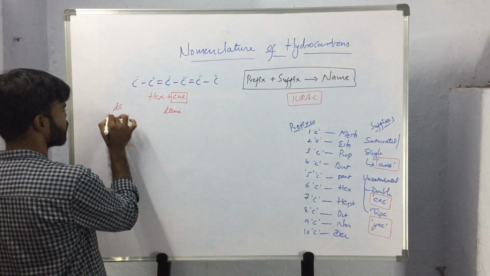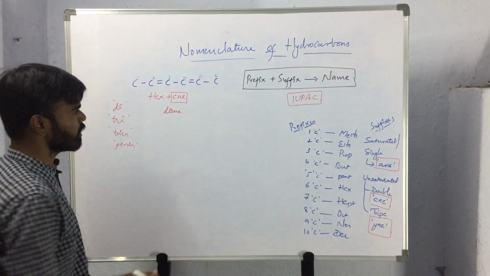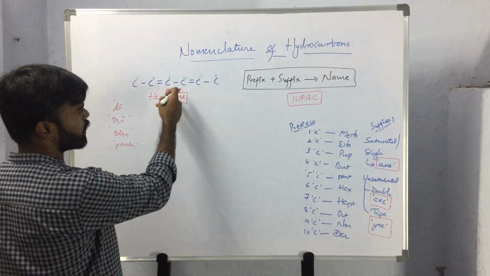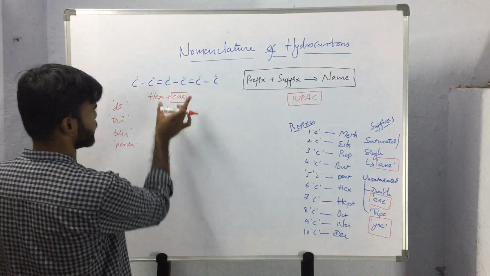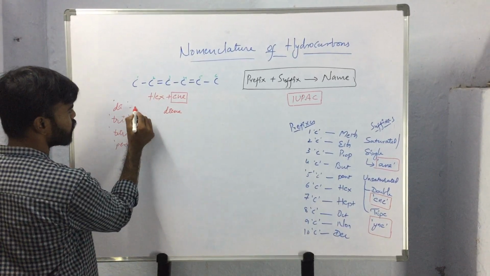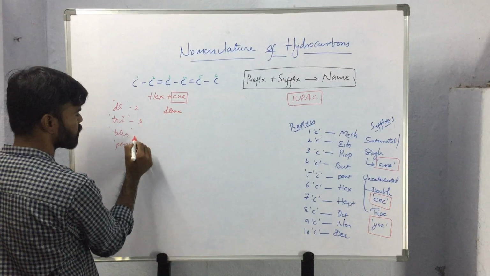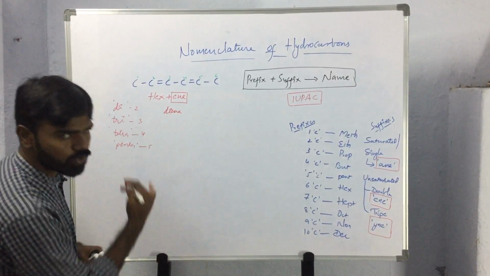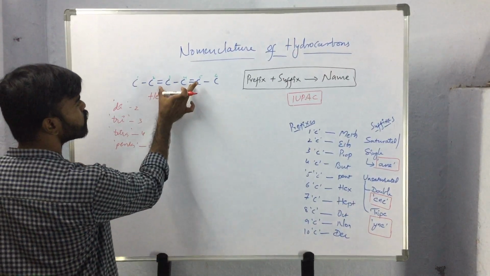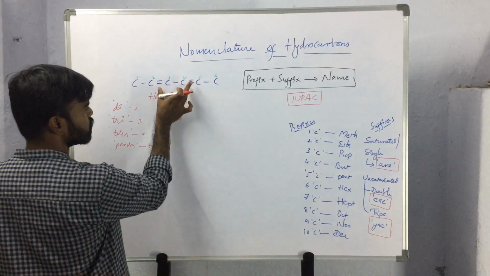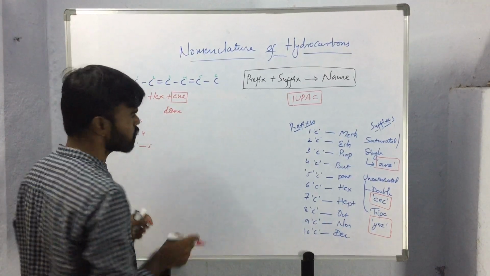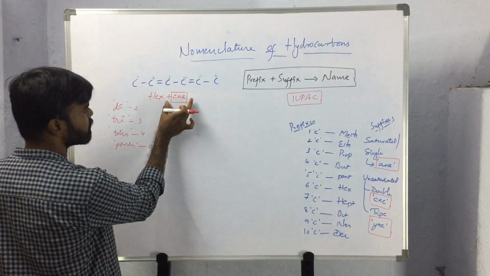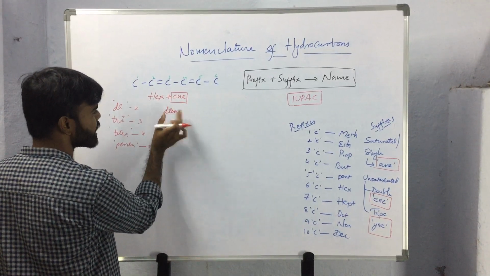These are the prefixes that we will be adding to the suffix to represent the number of unsaturations present in the given compound. Here di represents number 2, tri represents number 3, tetra represents number 4, penta represents number 5, and so on. Here we have 2 unsaturations of the same kind, so we will be using the name diene. Instead of adding simply ene, we will be using diene.